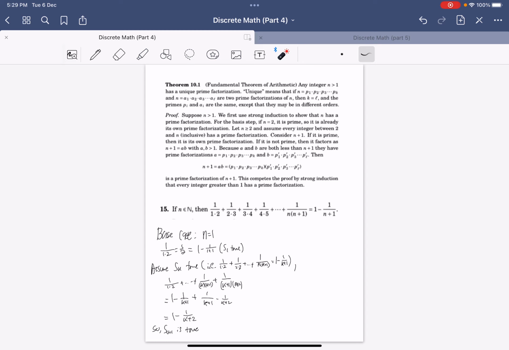And that completes the proof. And this is how you can see how strong induction is really useful when the previous case is just not enough and you need to go back a few cases. You can see question 15 in the book for more examples on how to do it, and this is the outline of the proof.